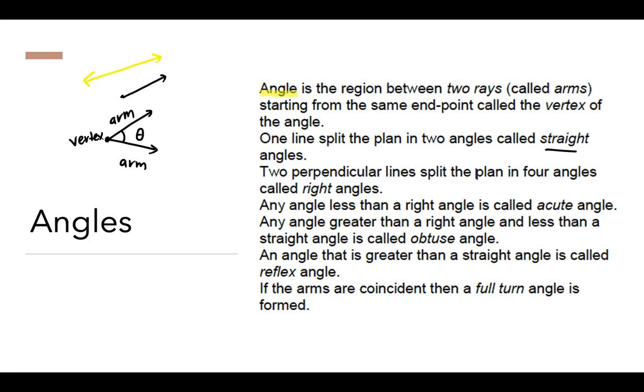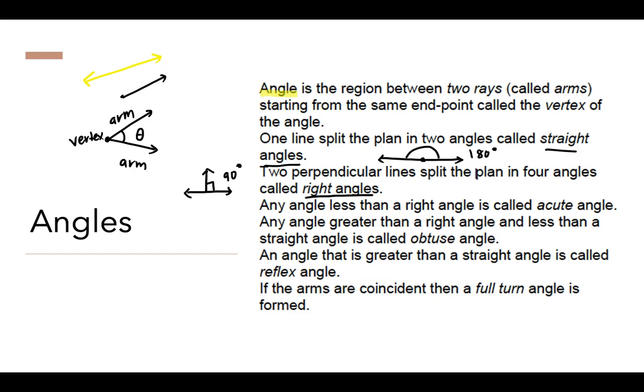Now, a straight angle is represented using a straight line. Let's say this is my vertex. This angle is going to be 180 degrees for a straight angle. A right angle is where you split the straight angle. So from here to here, this is 90 degrees, perpendicular to the line.